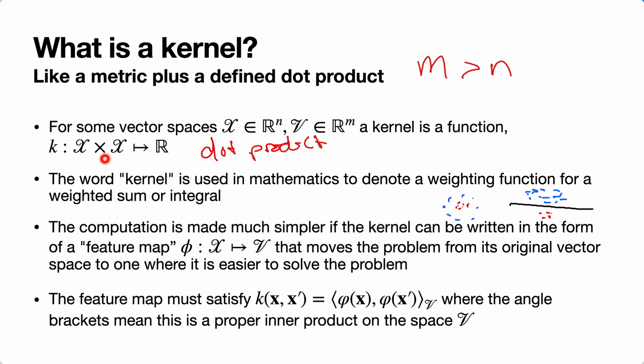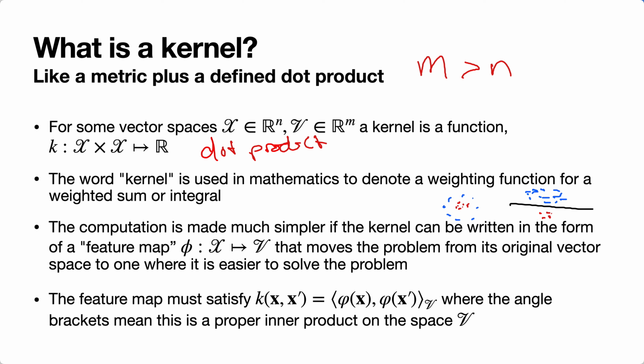So this is an inner product, and a dot product is one kind of inner product, right? This is a version of the feature map has to be able to be written as a transformation of some data point x dot producted with a transformation of some other data point x prime.